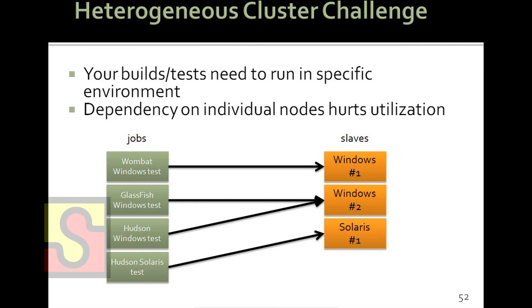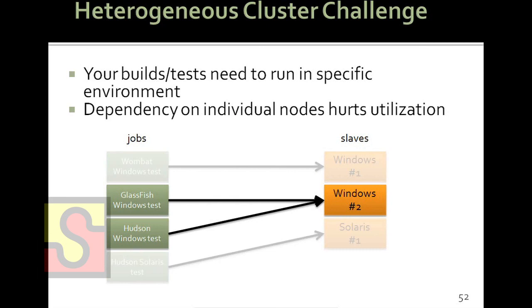So the naive way of doing it is by specifying that this job has to be run on this particular slave. But if you do that, it sort of hurts the utilization because it could very easily happen that two jobs just so happen to point to the same node for the build environment. And then in that case, they sort of collide. They compete on the available resource while there's another Windows machine, like Windows #1, idle. So this sort of hurts resource utilization.